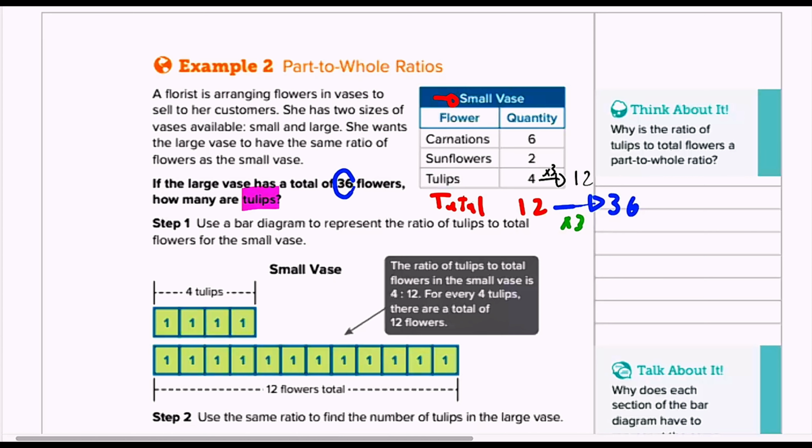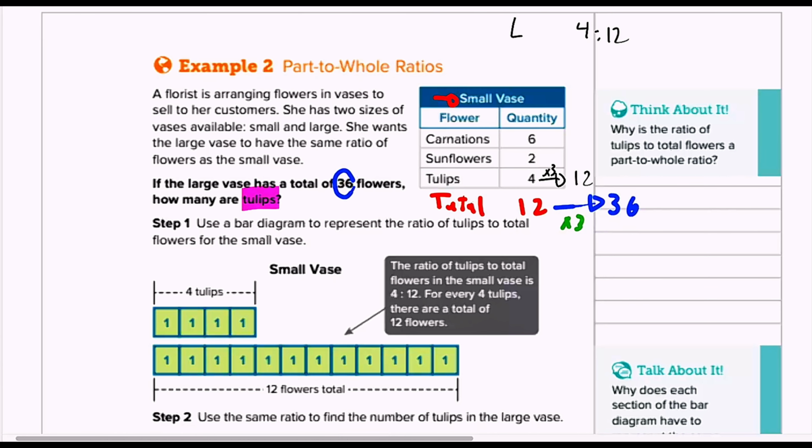Okay, then if you look at this ratio here, the relation here is between the part, which is the number of tulips, and the whole, which is the total number of flowers we have in the small vase. Then 4 to 12 is the first type of ratio we have, part tulips to whole 12 flowers, the total number of flowers in the small vase.